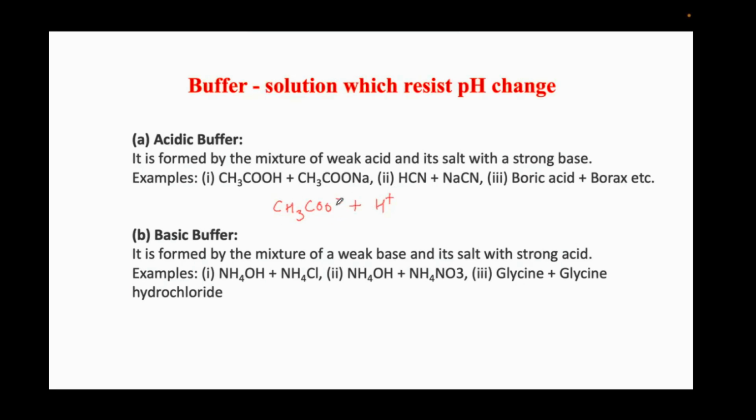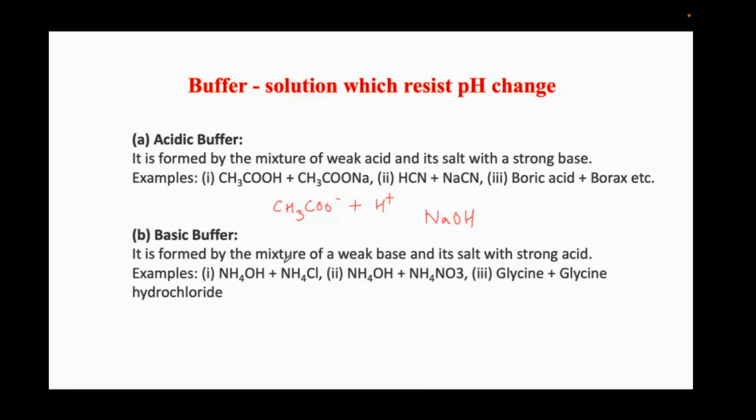So it is a weak acid because it does not completely dissociate itself. So the acidic buffer of acetic acid consists of sodium acetate, which is a salt with a strong base. Here the strong base is NaOH.